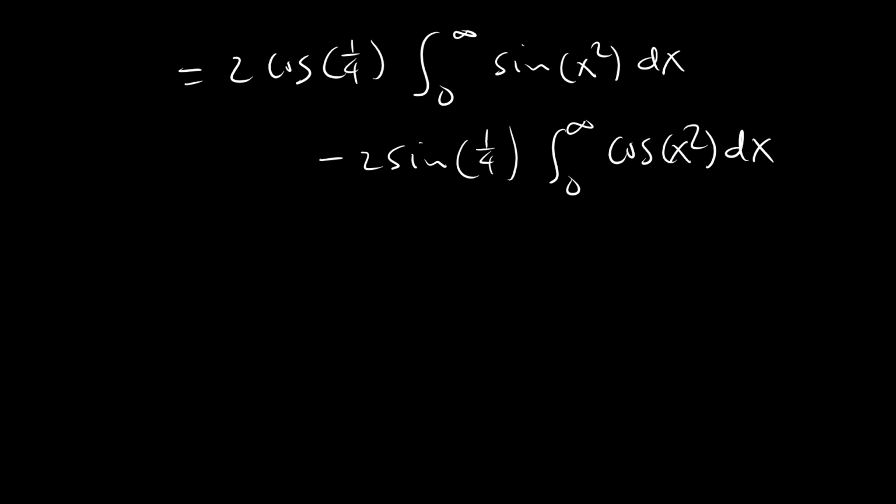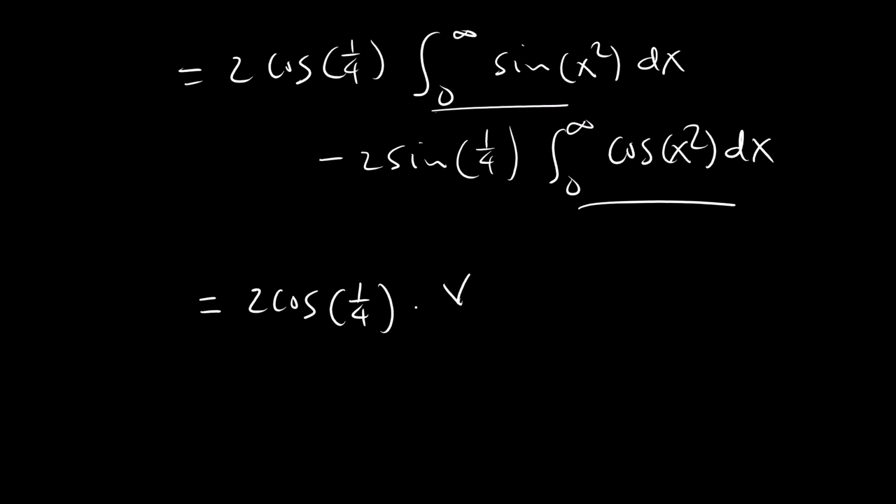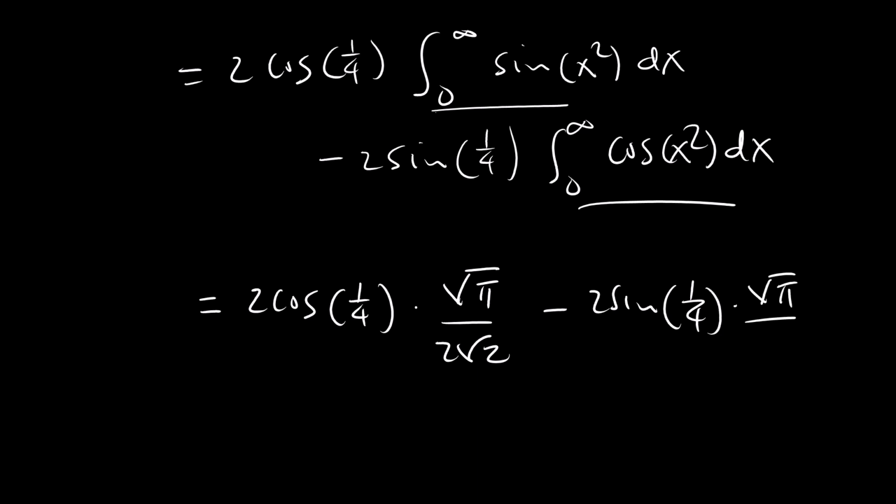I will leave a link in the description to show how to derive these integrals, but what we see here is root pi over 2 root 2, minus 2 sine of a quarter times root pi over 2 root 2.